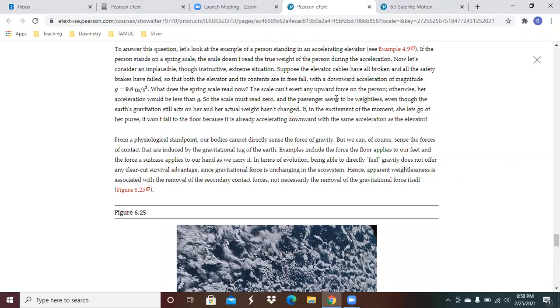A companion or an allegory to this is a person standing in an accelerating elevator.